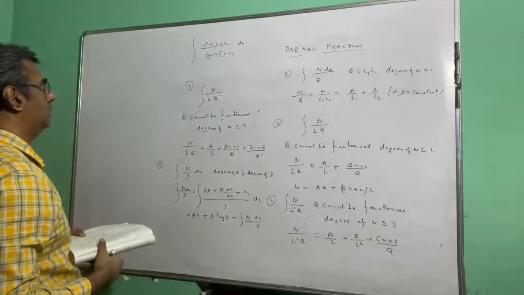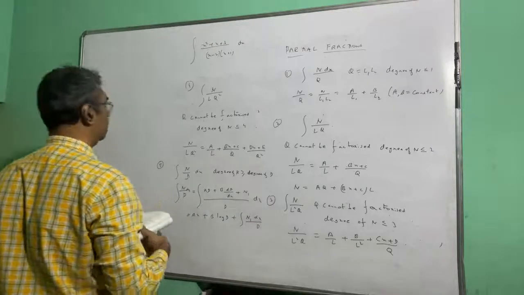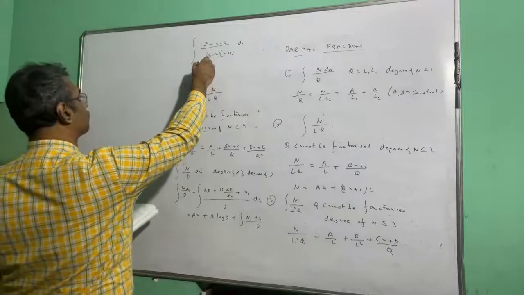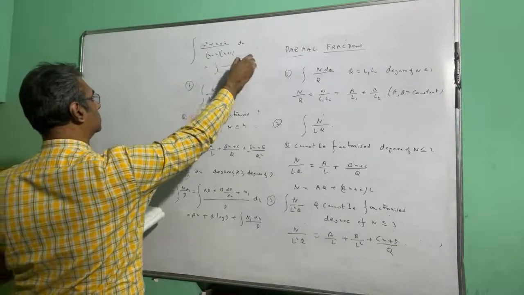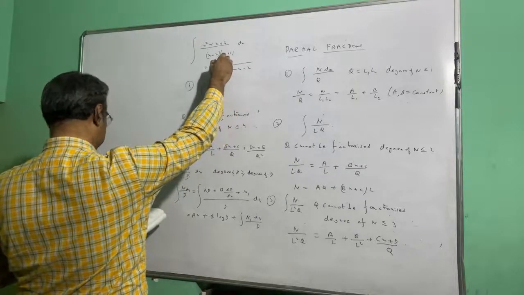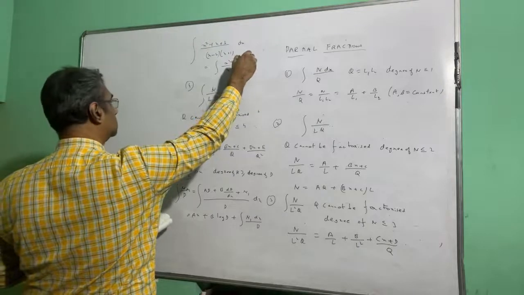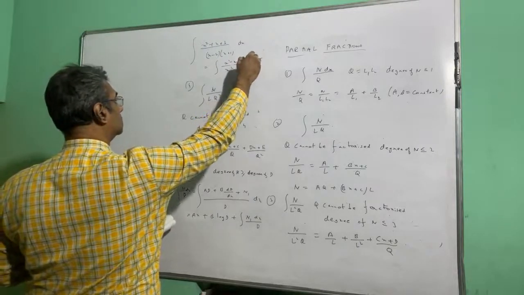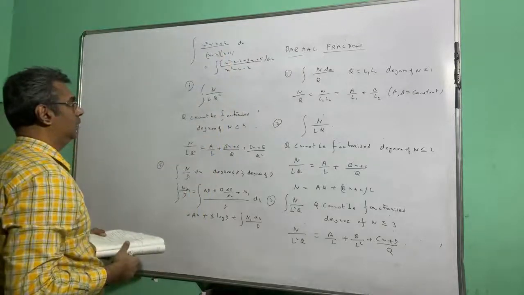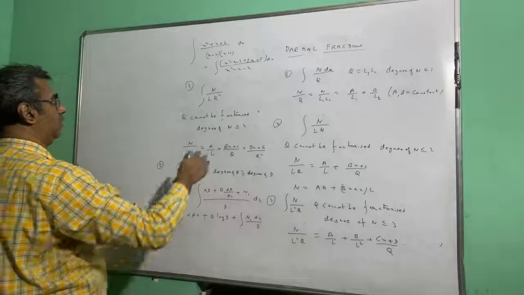So suppose you have the integration x squared plus x plus 3 by x minus 2 into x plus 1. Suppose you have this integration. So the numerator will be x square minus x minus 2 plus 2x plus 5.